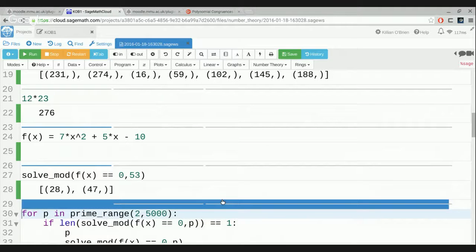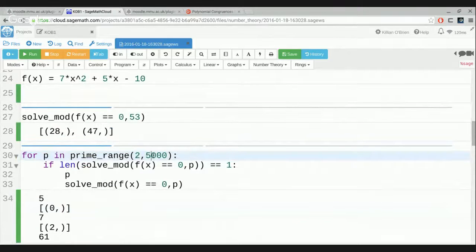But something funny does happen for some values. So if we just do all the primes between 2 and 100, this little loop here, let's get rid of that line.